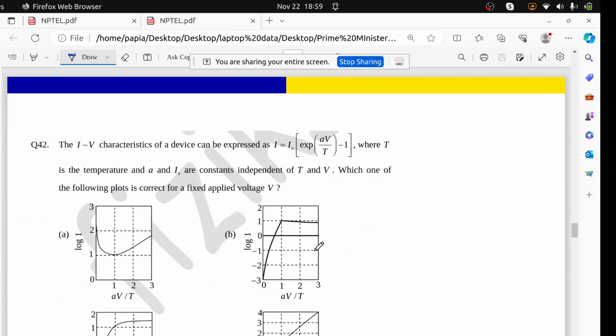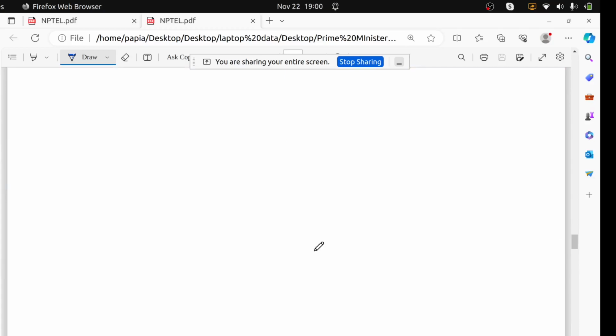And this is the expression calculation and the nature of that plot. Anything else?